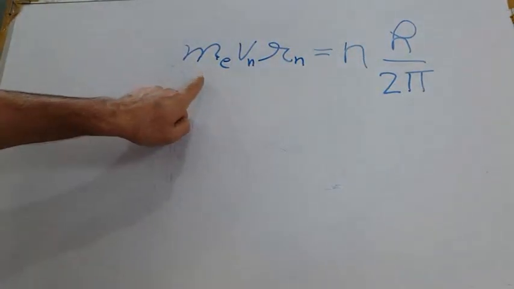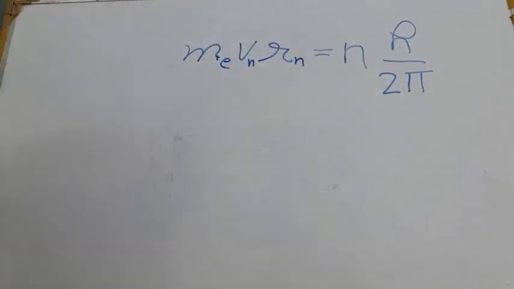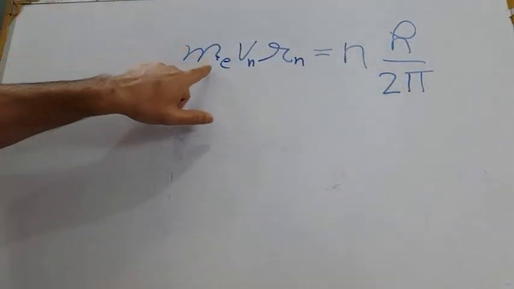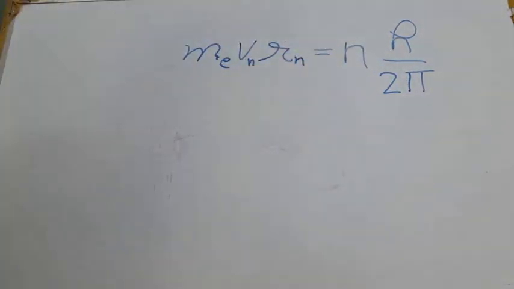It was the genius of Bohr that he could find this relation between the momentum of the electron and the Planck's constant.